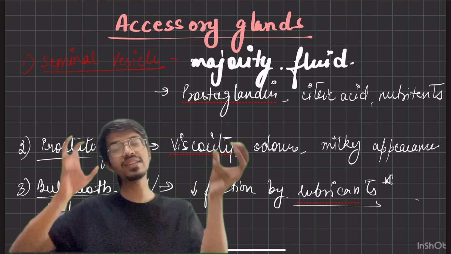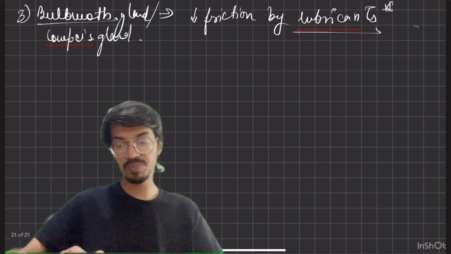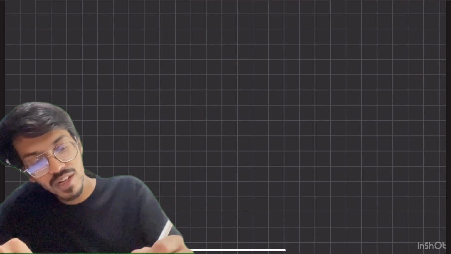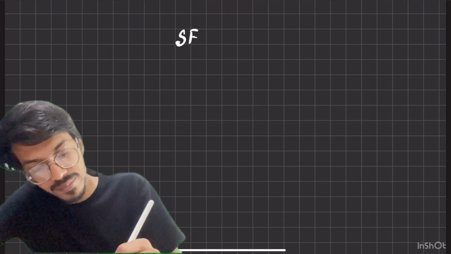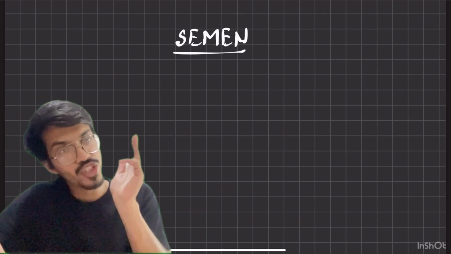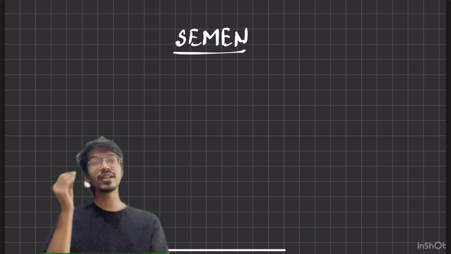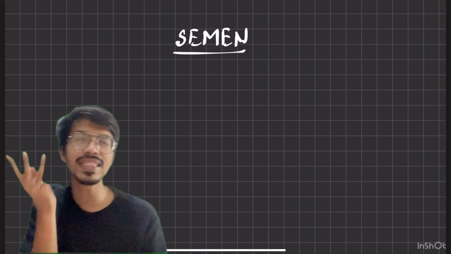Next thing, when these secretions are added to the sperm, then what do we call it? The sperm is now referred to as semen. Now, when one-time ejaculation occurs into the female body, that is insemination, then how much semen is released?